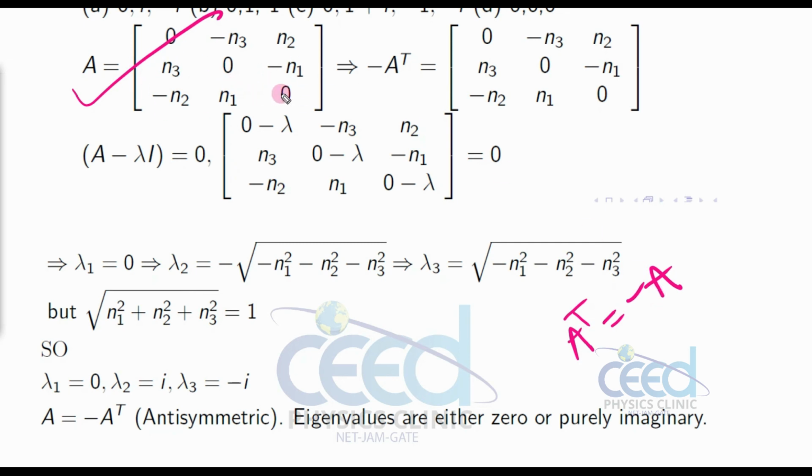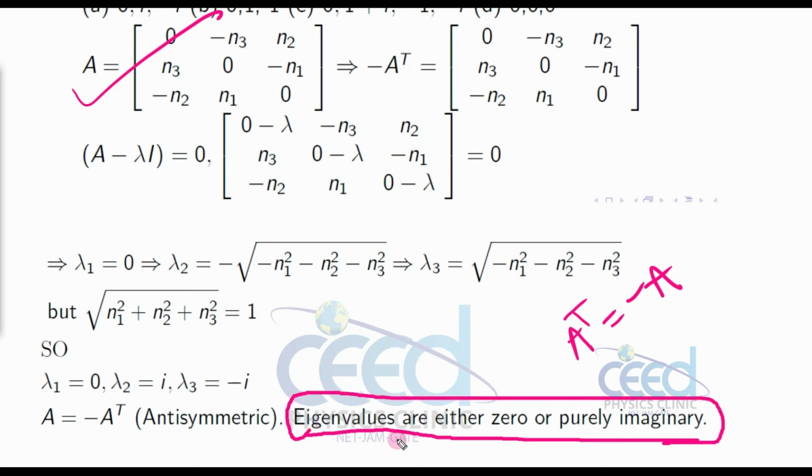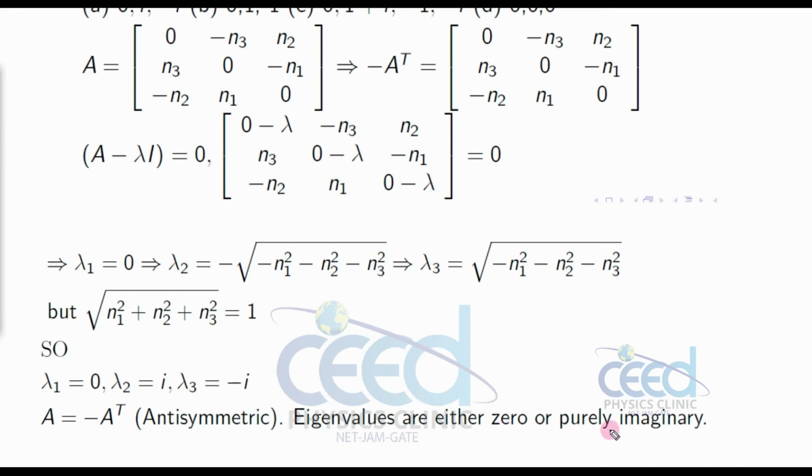For a skew symmetric matrix, eigenvalues are either 0 or purely imaginary. This is a very important result. For a skew symmetric matrix, the eigenvalues are 0 or purely imaginary. So it has to be only an imaginary number or 0.